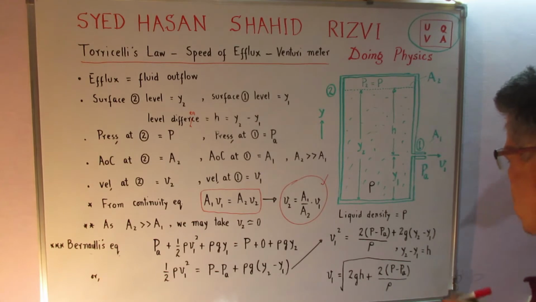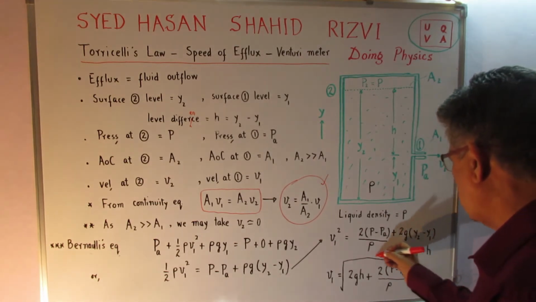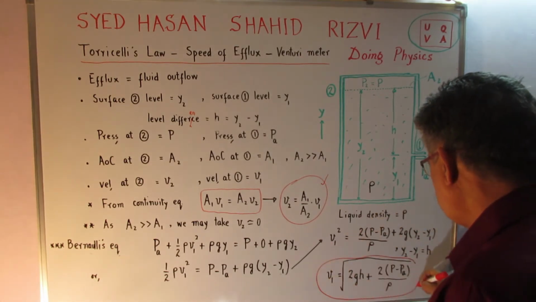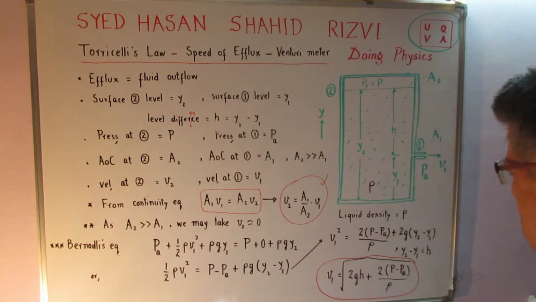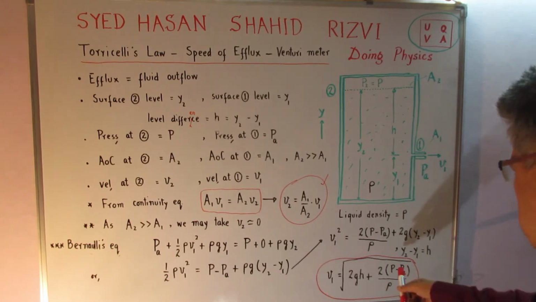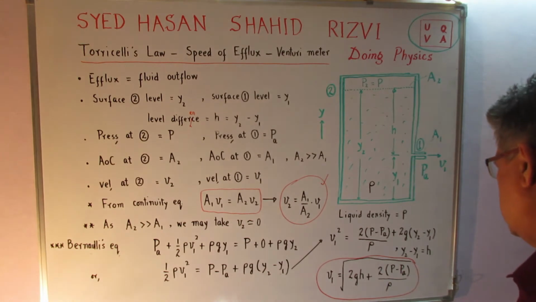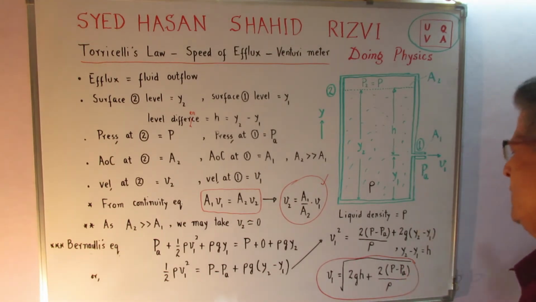So finally I arrive at an equation of this kind: V1 is equal to the square root of 2GH plus 2 into P minus PA divided by rho.